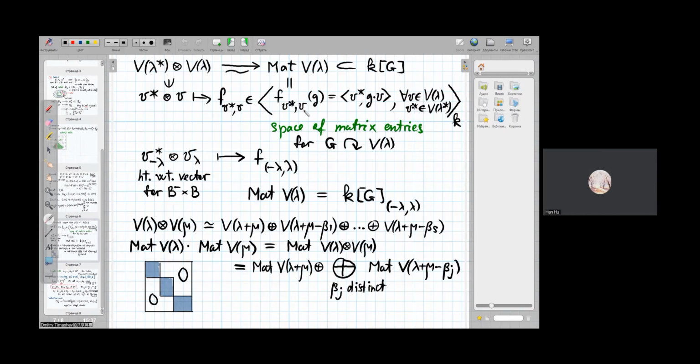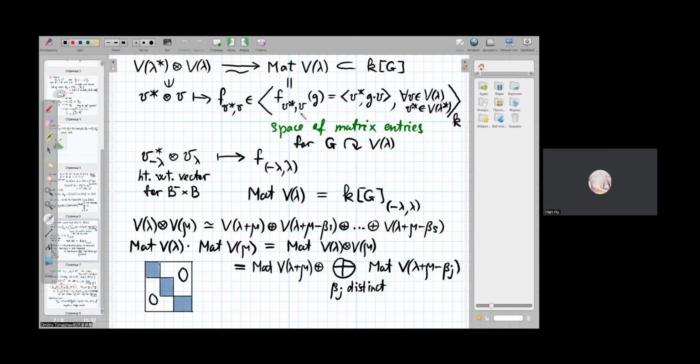Oh, well, it doesn't matter. If you take the bases dual to each other, then you get exactly the matrix entries in the usual sense, the entries of the matrix of the linear operator corresponding to G under the representation. But if you take any other vectors, they are just linear combinations of the vectors of the dual basis, right? You can express any vector as a linear combination of the given basis.